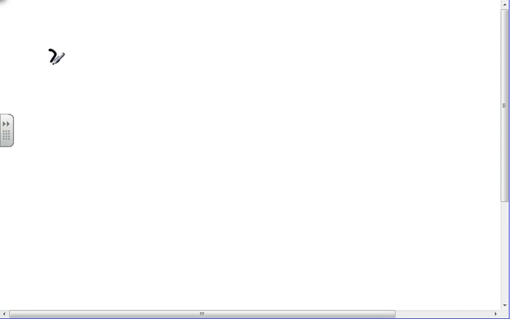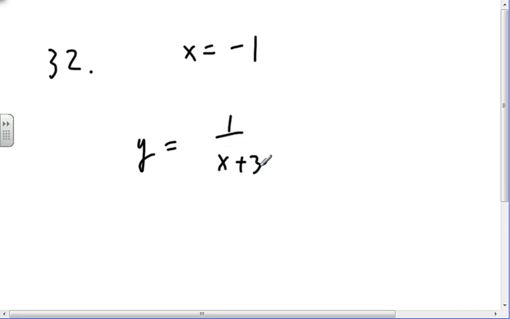Okay, 32. We want the derivative at x equals minus 1. No, we want the equation of the line tangent to the curve. Okay, so we got a curve, y equals 1 over x plus 3.